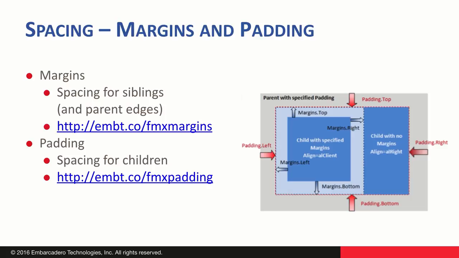And it was a lot of spin, parry, thrust, maneuvering, trying to get that to work. But now you can just take that button and say, hey, button, you have margins of 10 on top, left, and bottom, and align you to the left. And the button will go over there, and it will just leave a nice little margin around there, which gives it a really nice layout. Really makes it look really nice.